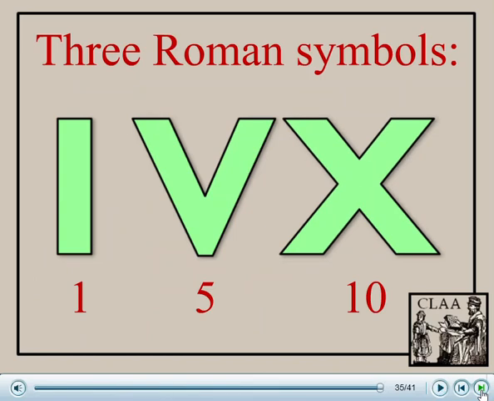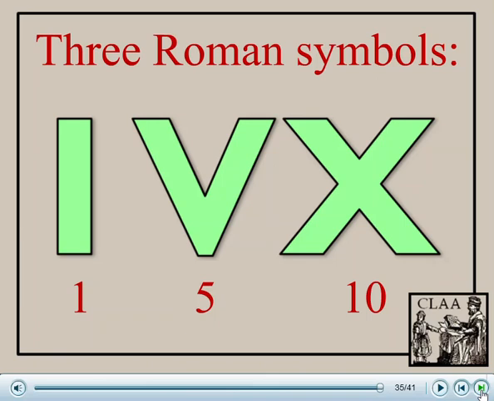In English numbers, we learned that there are only 10 numbers: 1, 2, 3, 4, 5, 6, 7, 8, 9, and 0. With Roman numbers, there are even fewer symbols to know. So far, we have learned 3 of the Roman symbols for numbers.